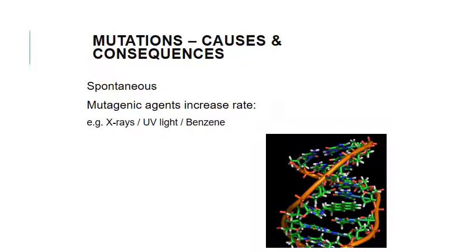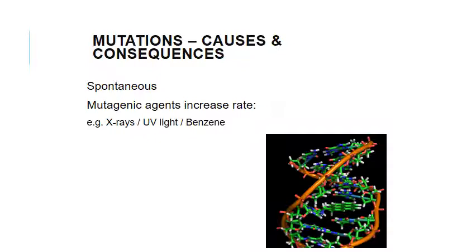So, what causes mutations and what are their consequences? Firstly, it's really important to remember that mutations are spontaneous. They're happening all of the time, and there is nothing specifically which causes them to happen. However, there are chemicals or agents or factors which will increase the rate at which those spontaneous mutations take place, and we call these mutagenic agents.